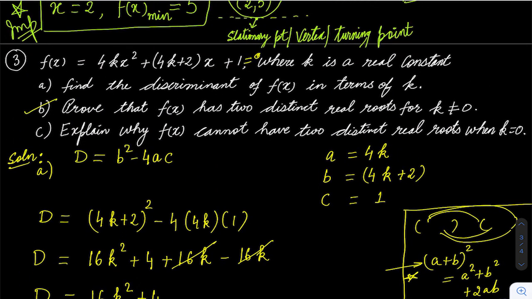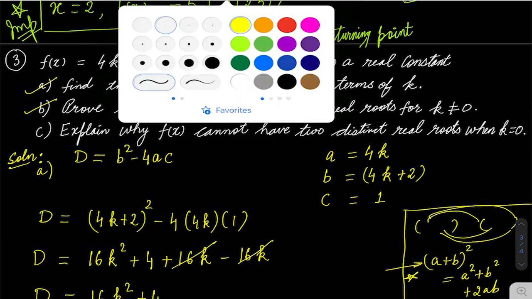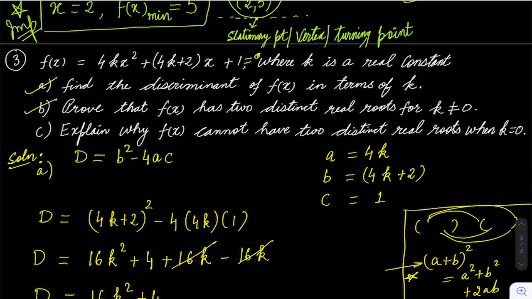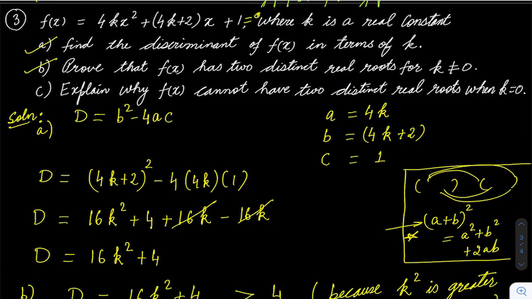Okay, C part. In C part they are asking, explain why f(x) cannot have two distinct real roots when k is 0. So when k is 0, if you look at this equation, this is my quadratic. Let me just erase this.